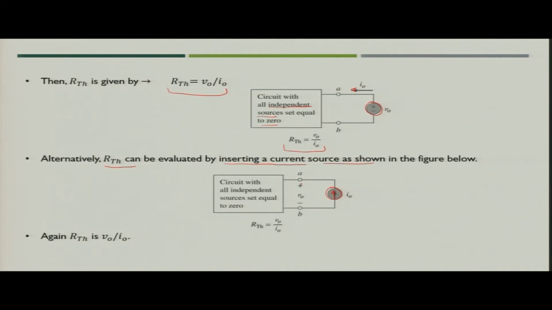When you apply the current source, instead of measuring the current, you have to measure the voltage across terminals A, B. Again, RTH would be given as the voltage across terminals A, B divided by the current supplied by the current source. So, in that case RTH would be nothing but V naught upon I naught.